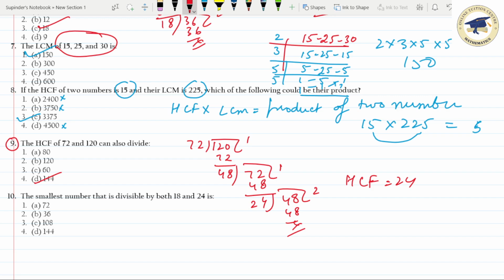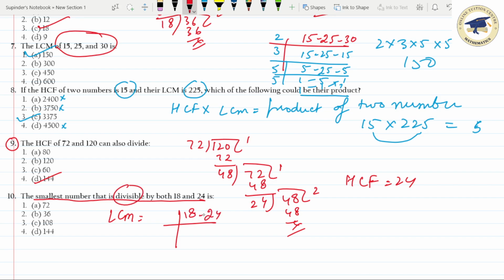Question 10. Find the smallest number that is divisible by 18 and 24. So here we find the LCM of 18 and 24.